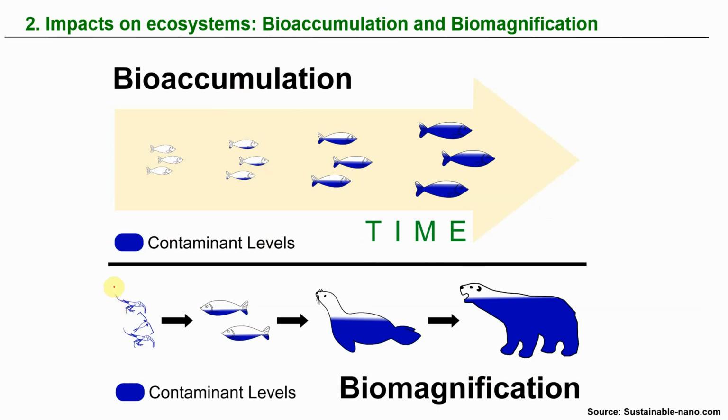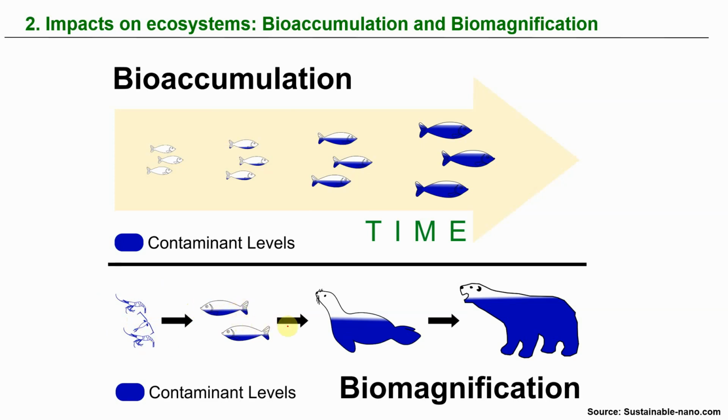So what we do is we start at the very bottom of the food chain with our little plankton. They have very, very low levels of pollutant, but that pollutant remains present inside their body. When these plankton get eaten by their predators, in this case a fish, all of the pollutants that are present inside these zooplankton are then ingested by the fish and remain present inside the fish's body.